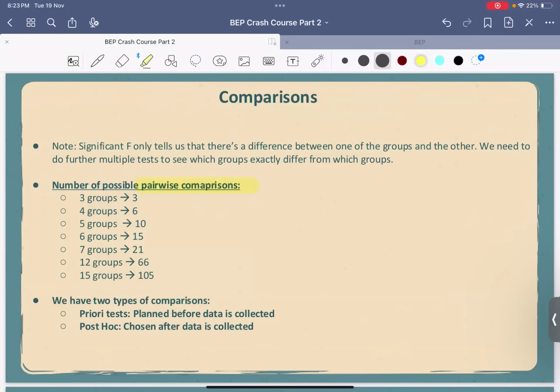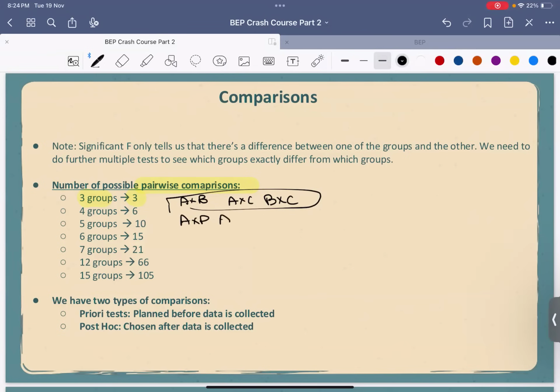If we have three groups, we have three pairwise comparisons: we compare A with B, we compare A with C, and then we compare B with C. Those are the only possibilities we can have. If we have four groups, we have A with B, A with C, A with D, and then B with C, and then B with D, that's 1, 2, 3, 4, 5.